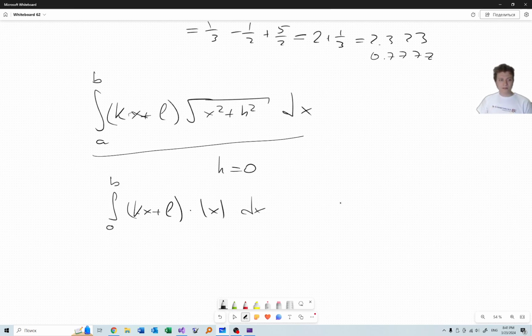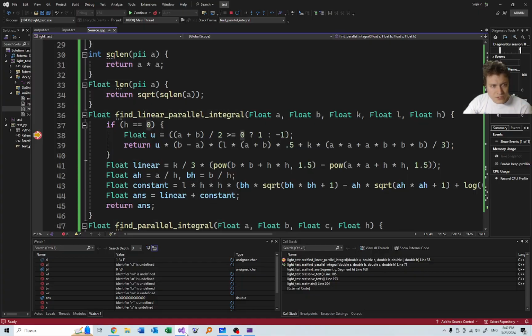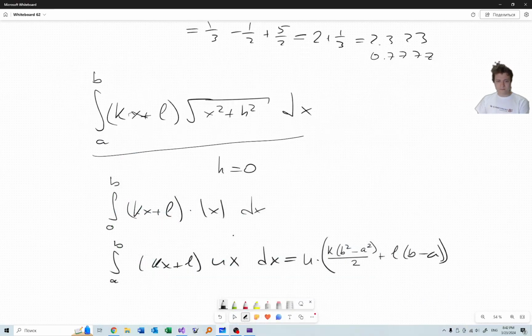I know that it is simply the integral from a to b of kx plus l dx, which is u times k, like this, u times b minus a, k times a plus b over 2 plus l.